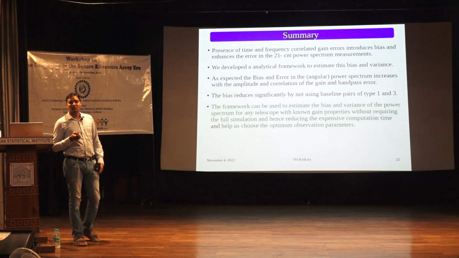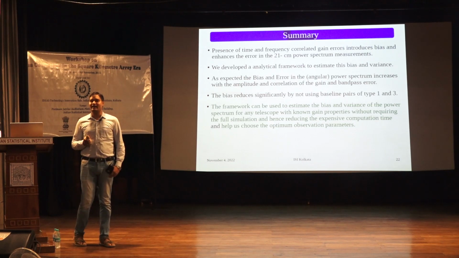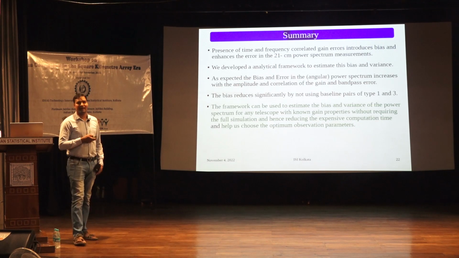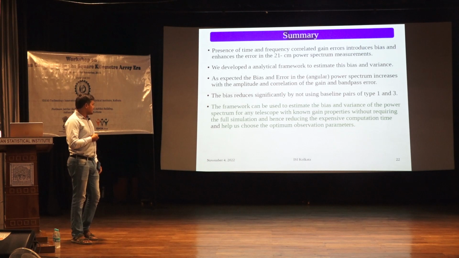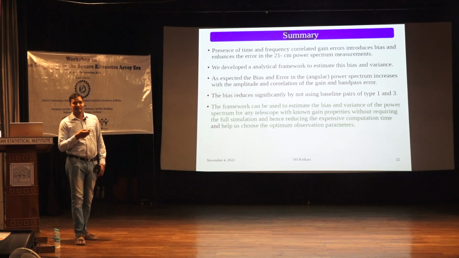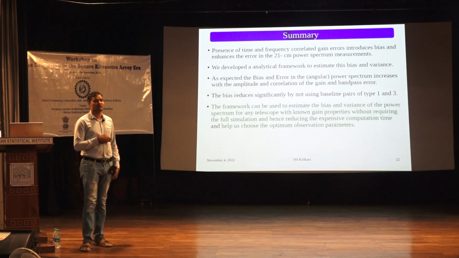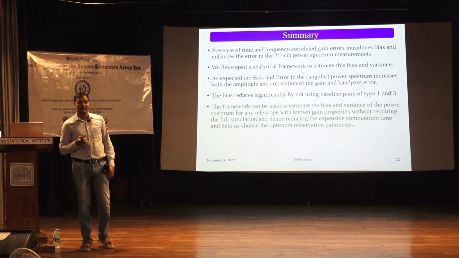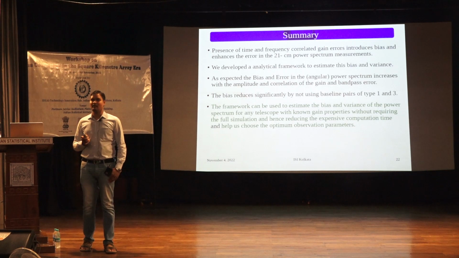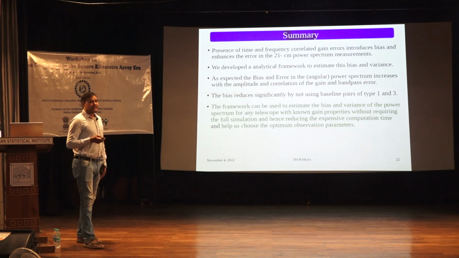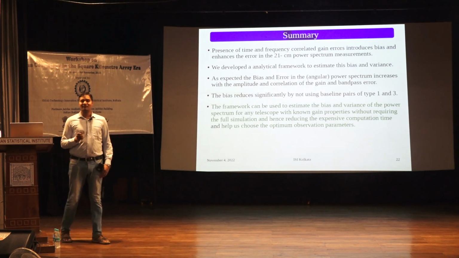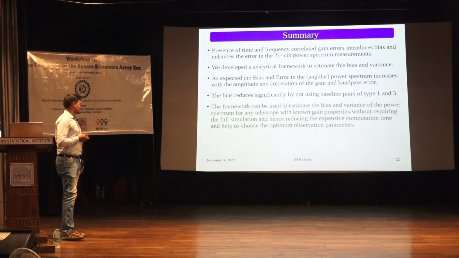If we remove baseline pair fractions of type 1 and type 3, there is a significant decrement in the bias. This analytical framework we can use for any telescope, any gain error model, and any foreground model, given that we can subtract the foreground directly from the visibilities.